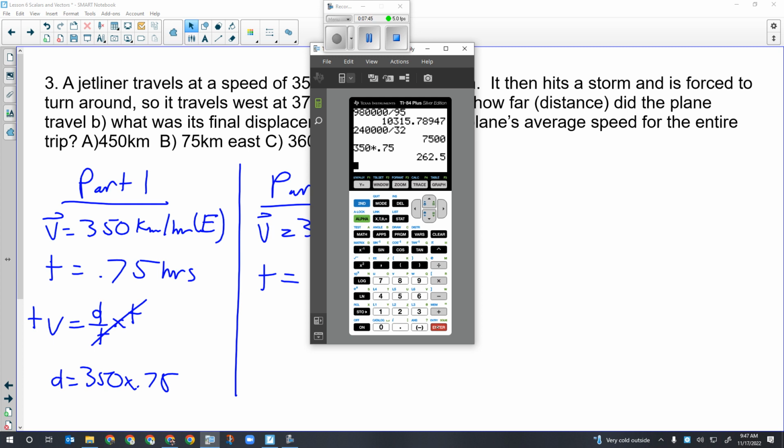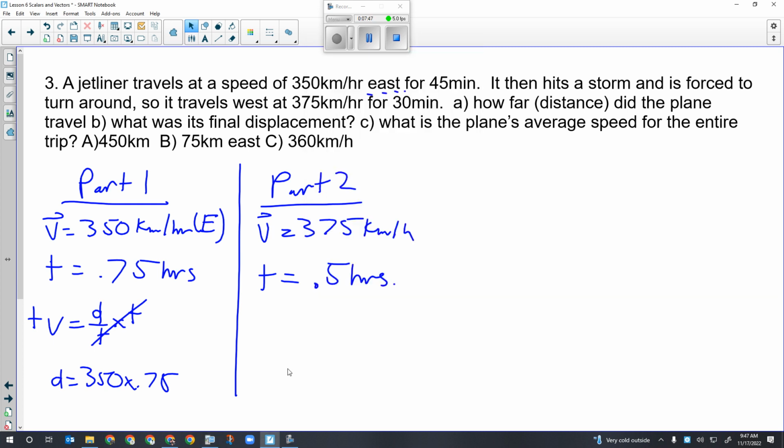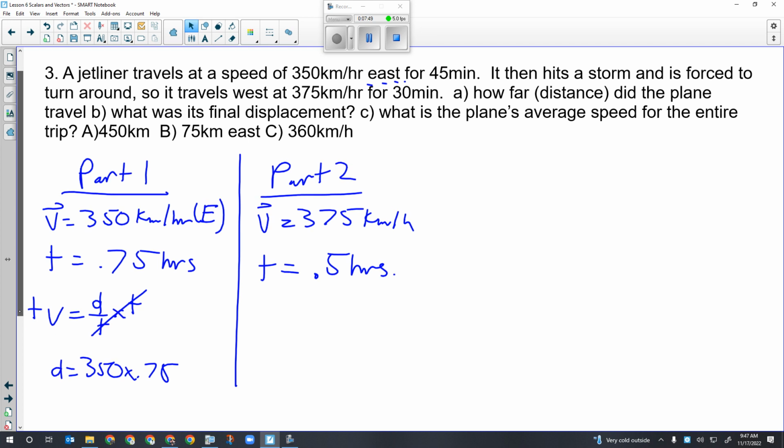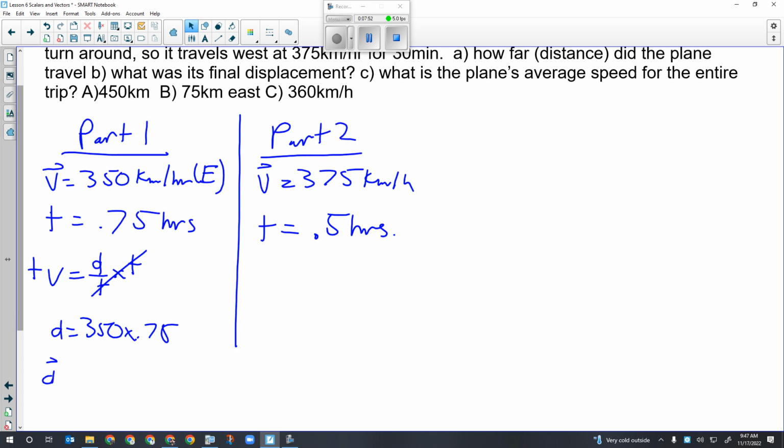So they're only going to go 262.5 kilometers. Okay, so d equals 262.5 kilometers east. The east won't be important for distance, but it will be important when they ask me for the displacement, and that's it.